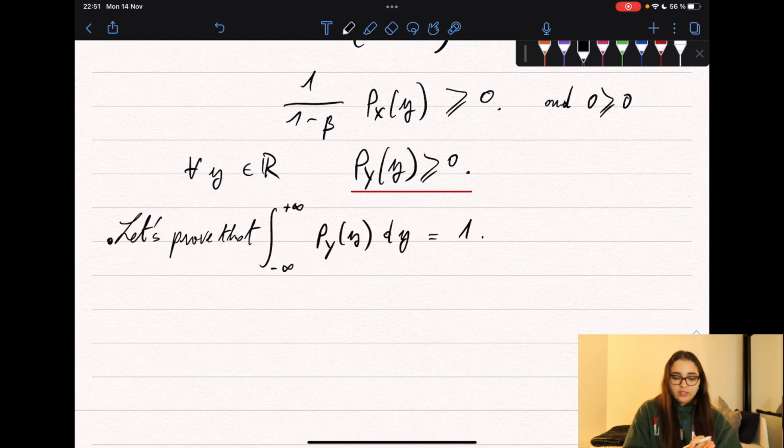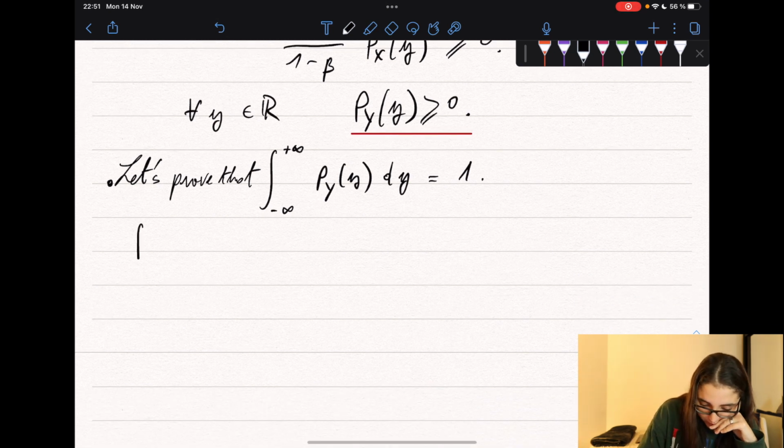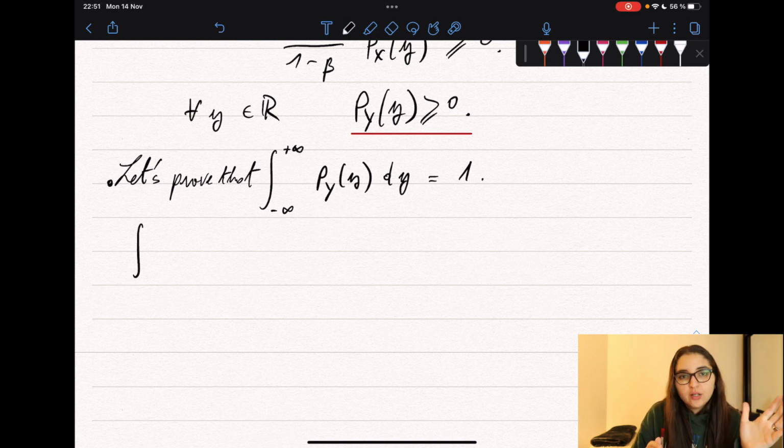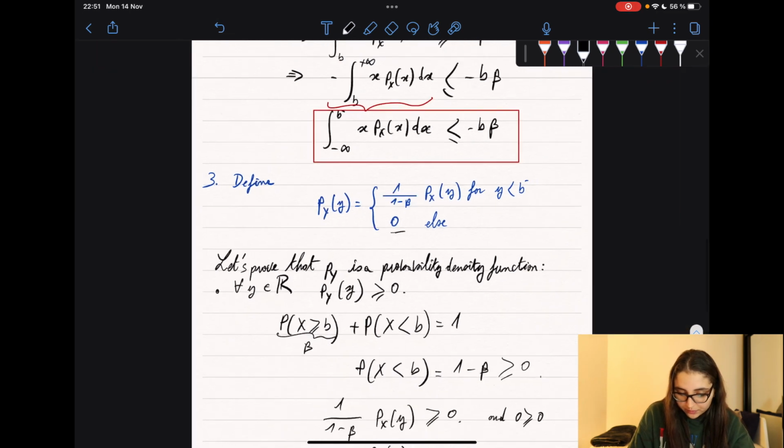Let's prove that the integral of py of y over r, which is the set of real numbers again, is equal to 1. And so in order to do that, we're just going to write down this integral by splitting it into the different parts of the integral.